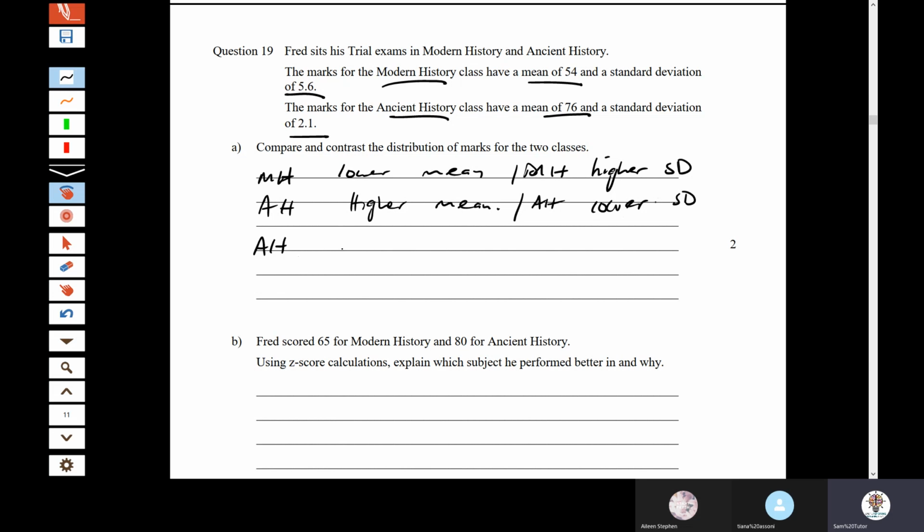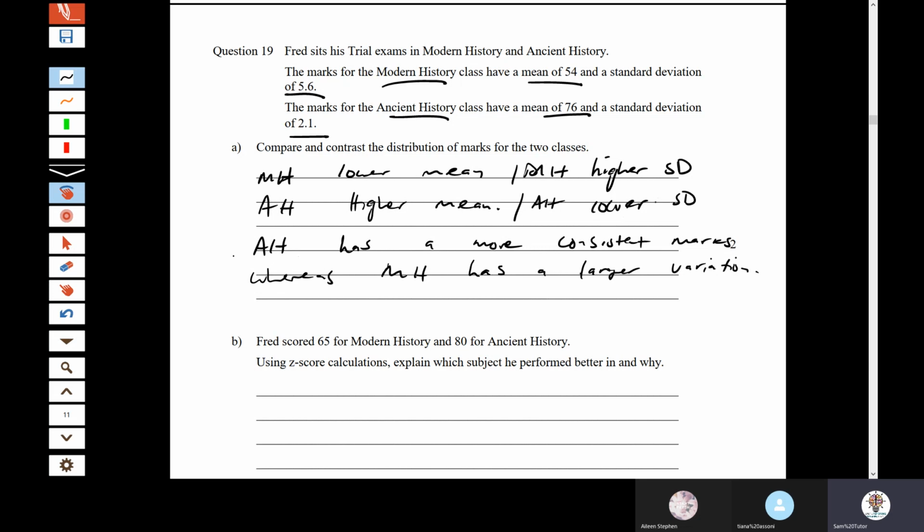Ancient history. Go ahead. What were you going to say? Its results more spread out. No, actually, it's got a lower standard deviation. Yeah, ancient history is more consistent. And then modern history has more spread out marks, more variation, a larger variation.